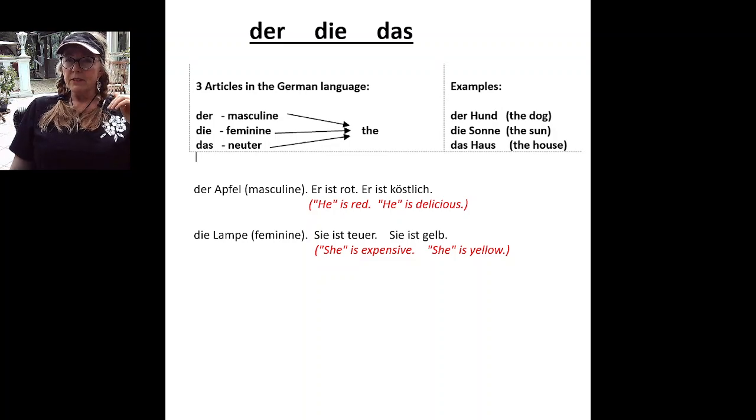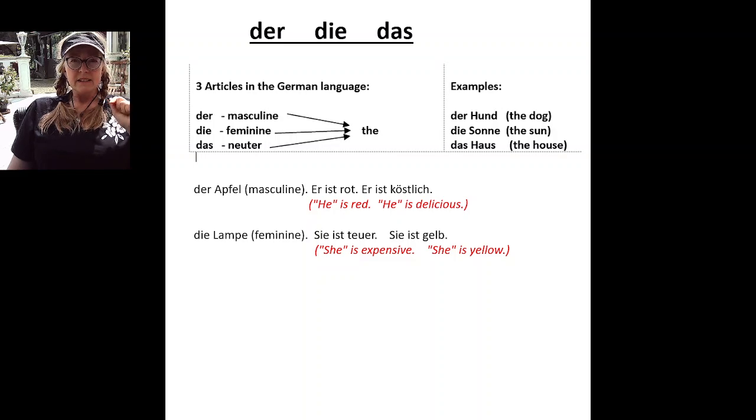In English, you would say it. You would say it is red. But we stick to the original gender, the grammatical gender, and we say er ist rot, which literally would mean he is red. The apple, he is red, and he is delicious. And that is why it's important to know the articles in the German language.